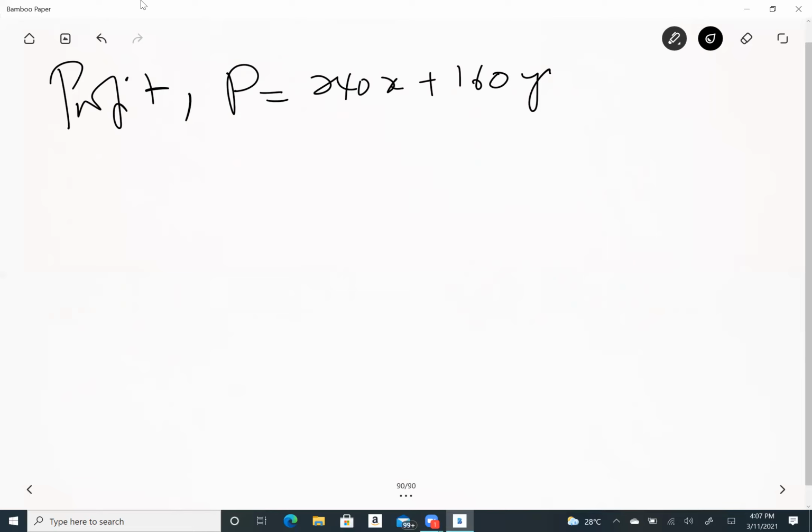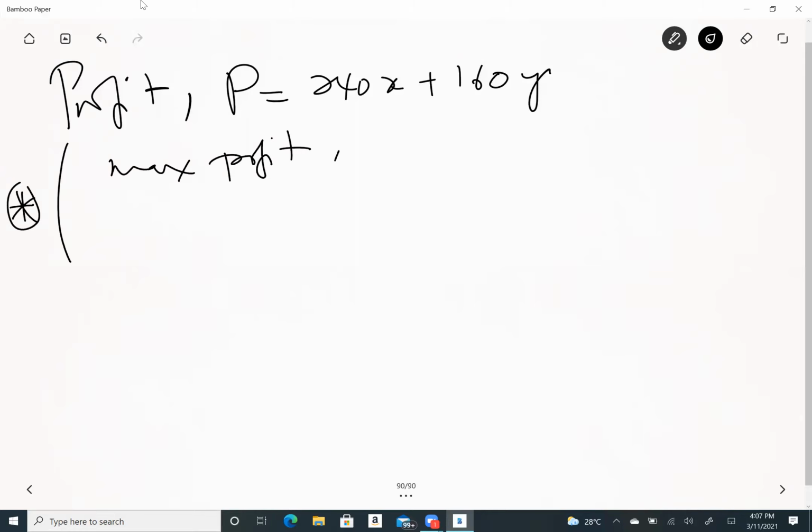Okay, when you have this, you want to state the problem. So look at the part of the solution where we write down: maximize profit. This is very important, because that will tell you what we want to find and how we're going to find it.